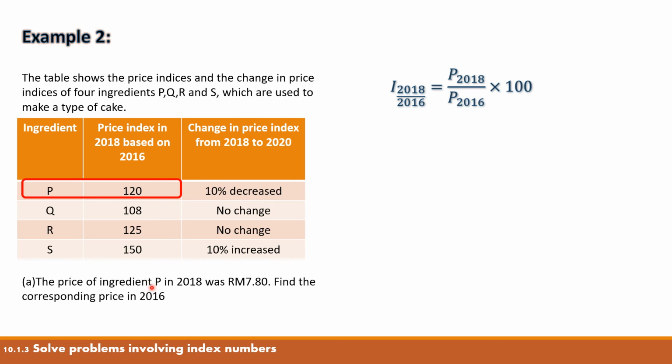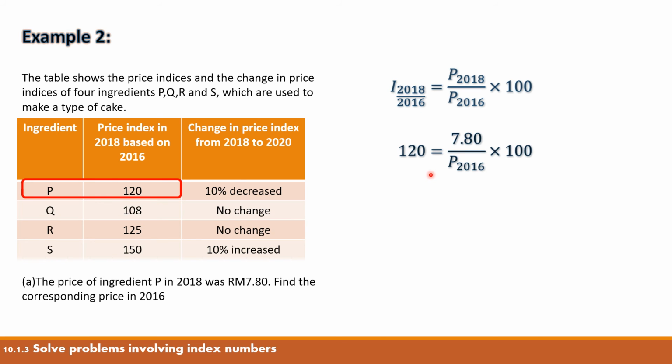When we discuss P, we'll concentrate on 120 here, as we know that the price index for 2018 based on 2016 will be the price for 2018 over the price for 2016 multiplied by 100. Substitute all the values that we have.